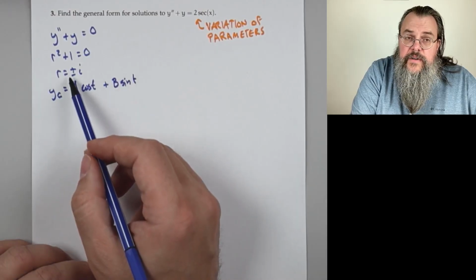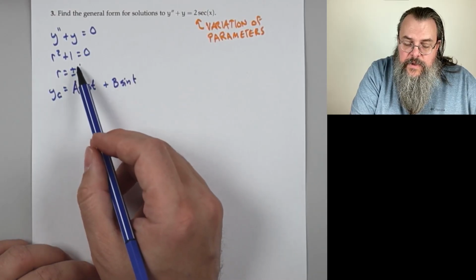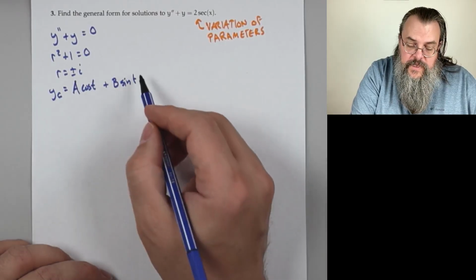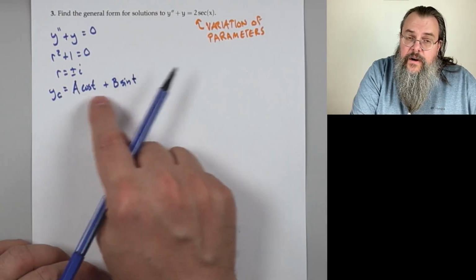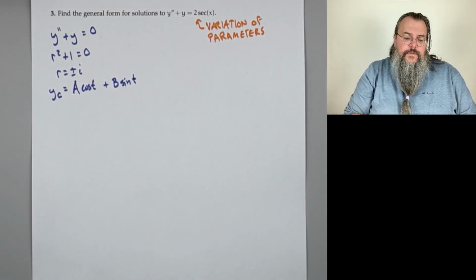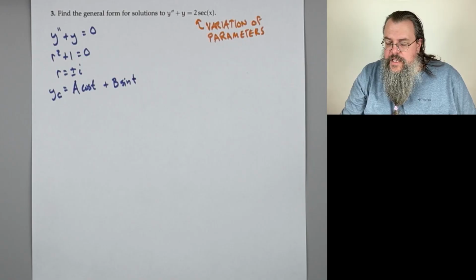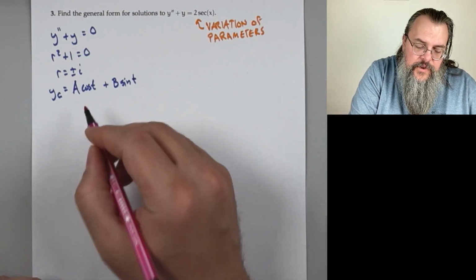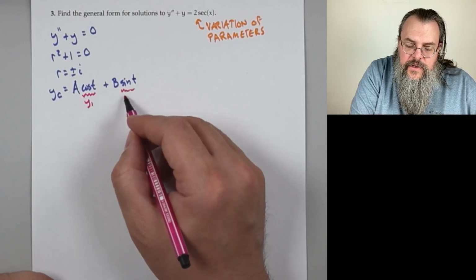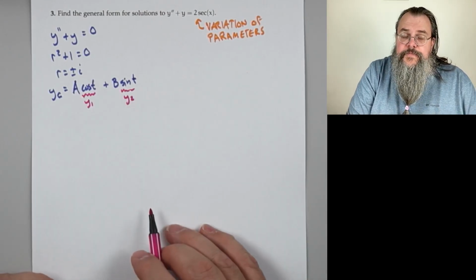There's no real part, so there's no exponential. And then we have 1 times i, so there's 1 times t, 1 times t. Okay, so these are important, and they're going to show up. Depending upon notation, we could call this one here our first function, and this one here our second function.